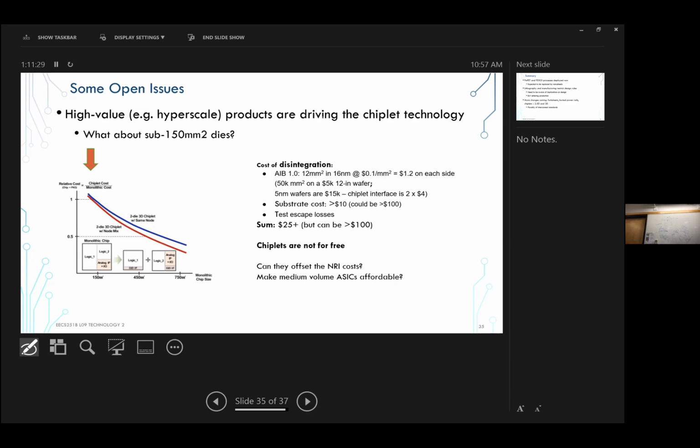What's the cost of 1 millimeter square of silicon? Well, if you take the number of millimeters square that we have on a wafer, divide the wafer cost by it, you end up with a raw silicon cost of 10 cents per millimeter square. We exclude all engineering costs and so on.